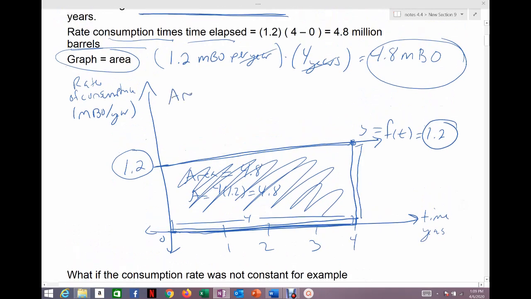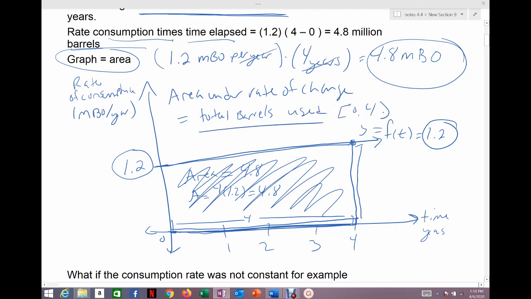So the area under the rate of change is equal to the accumulation of all the barrels of oil that were used up, the total barrels consumed, from 0 to 4, over the 4-year period.